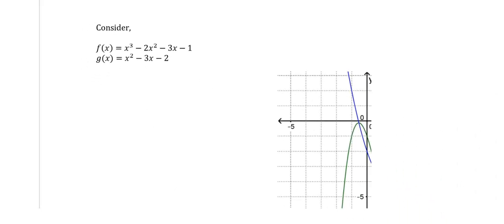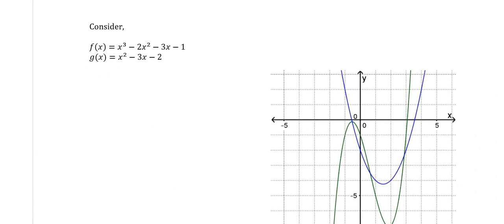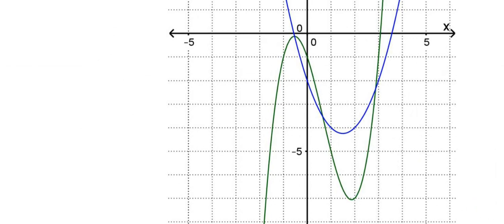I want you to think about this. If I had 2 graphs, that blue graph is a parabola, and there's its equation, g of x. And the green graph is a cubic, I can see by its shape, and it's f of x. What if I wanted to find the point of intersection between those two graphs?